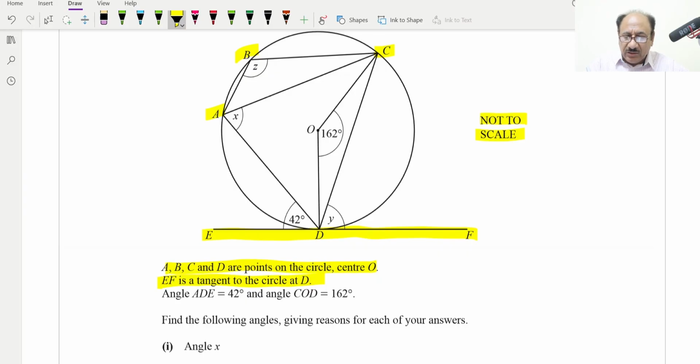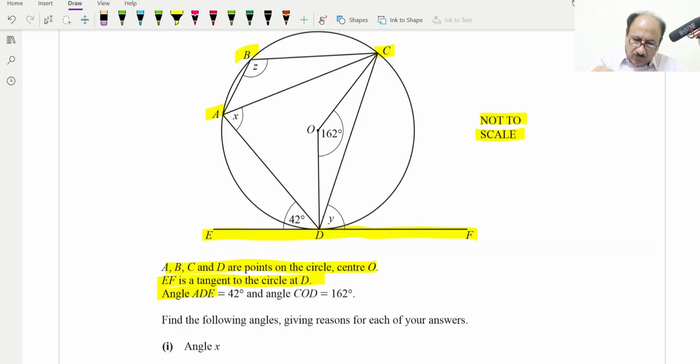And this is a cyclic quadrilateral because all 4 corners, vertices are on the circumference. Angle ADE, so ADE, if we identify, will be this angle.